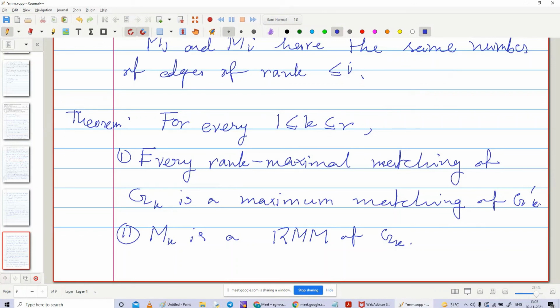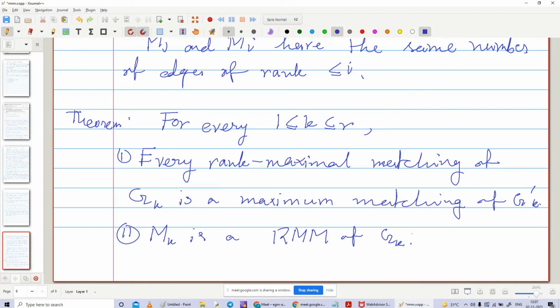So we are proving it both ways around: every rank maximal matching will be a maximum matching of G prime K, and MK, a maximum matching in G prime K, will also be a rank maximal matching of GK. So this is like an if and only if condition, and by proving this, we can claim that the matching that we obtained from our algorithm is indeed a rank maximal matching, if these two statements hold for every iteration from 1 to r.